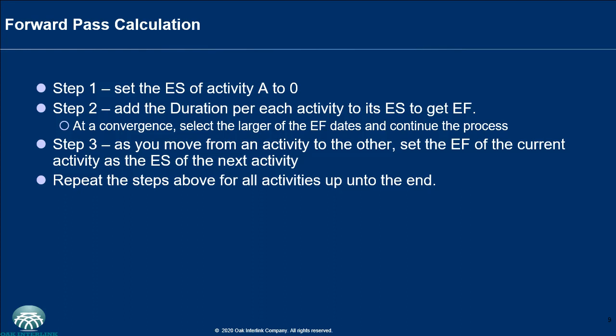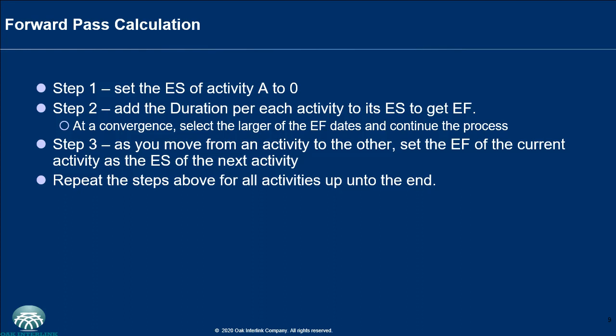Step 1 for the forward pass is you set the ES, that is the early start, of the first activity or activity A. Or if you have a scenario where there are two or more activities starting together at the beginning of the project, then you set the ES, that is the early start, for all of those activities to 0. Step 2 is that you add the duration of each activity to its early start to get the early finish.